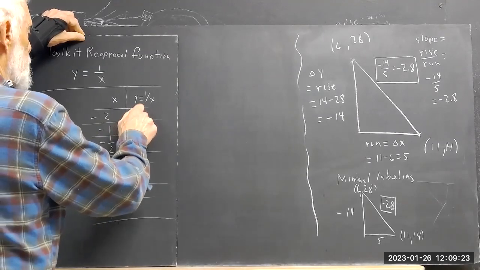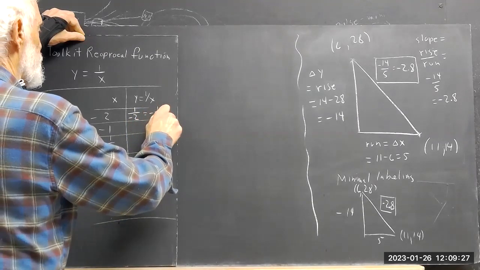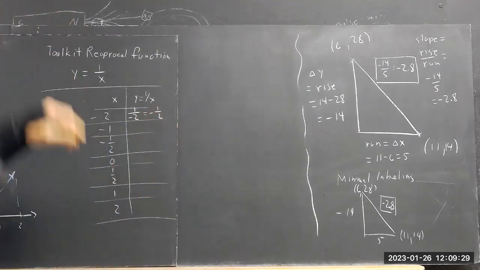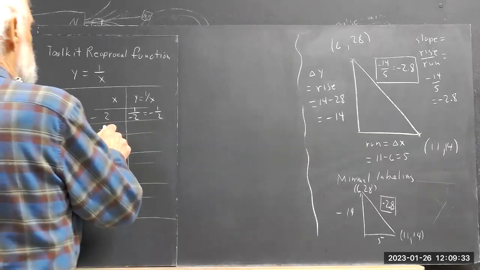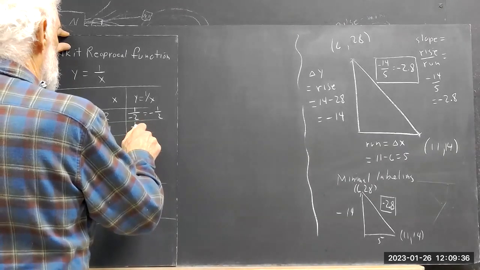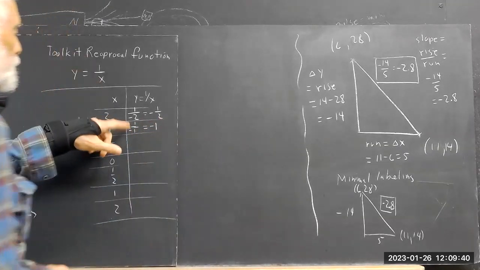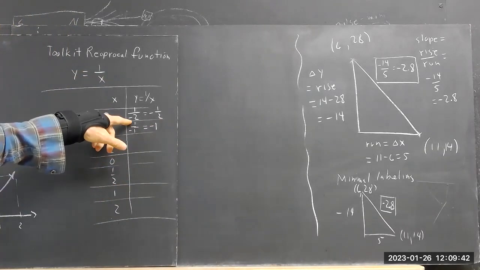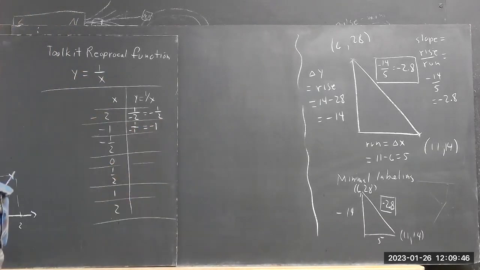So y is going to be 1 over -2. That's negative 1/2. That's not a problem, right? X equals -1, y equals 1 over -1. Well, that's -1. 1 divided by 1 is 1. You've got a positive divided by a negative, it's going to be negative.